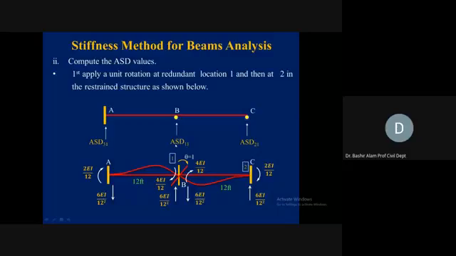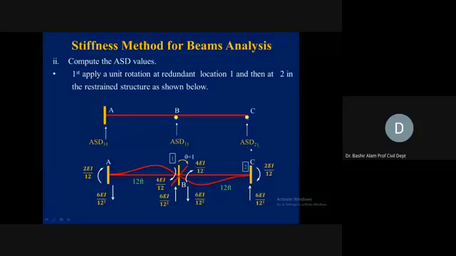But for ASD11, which corresponds to AS1, you need to add up these reactions: 6EI over L square, 6EI over L square. From the left, we have 6EI over L square in the upward direction, so this is positive, and this is 6EI over L square downward, which is negative. The algebraic sum of these becomes 0 now: plus 6EI over L square minus 6EI over L square.